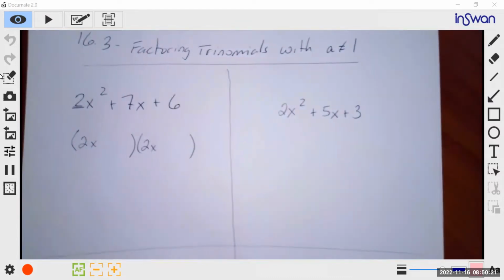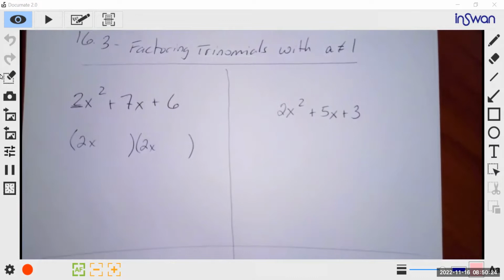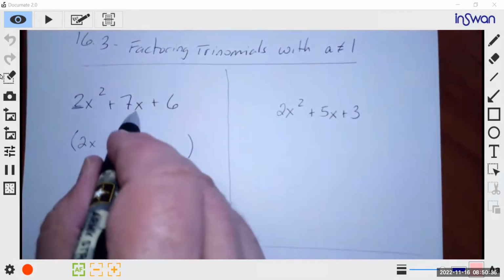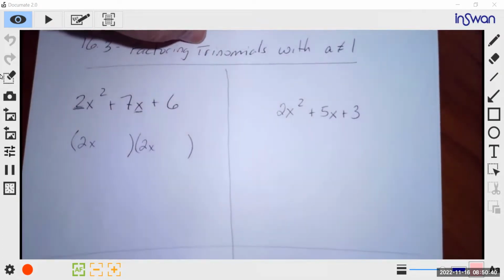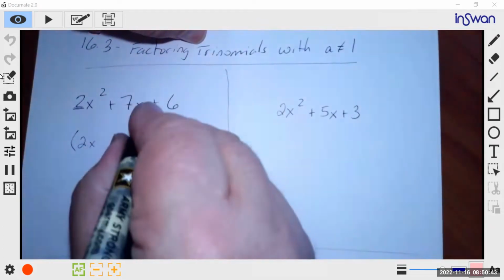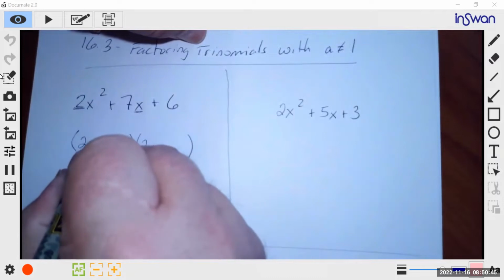Here's an observation. If you look at every example we've done so far, the letter in the first spot is always the middle term. It's always that. What signs are in there? They're both the same. They're both positive.